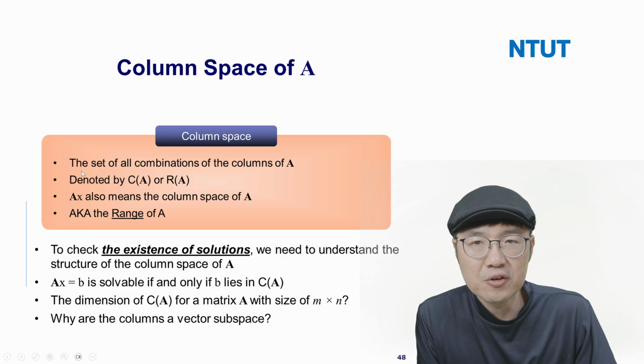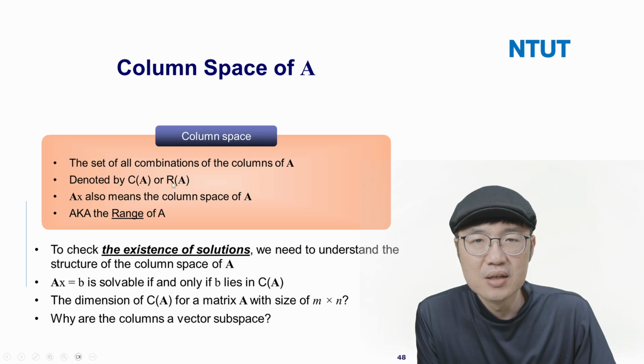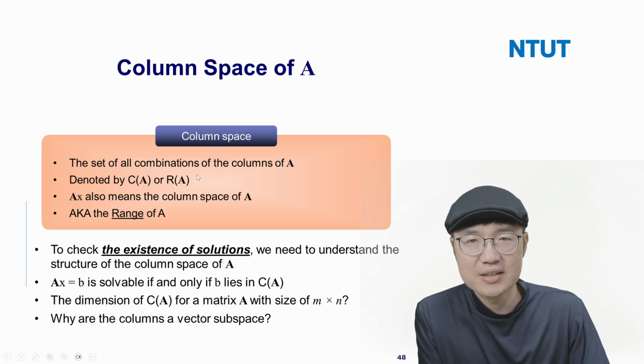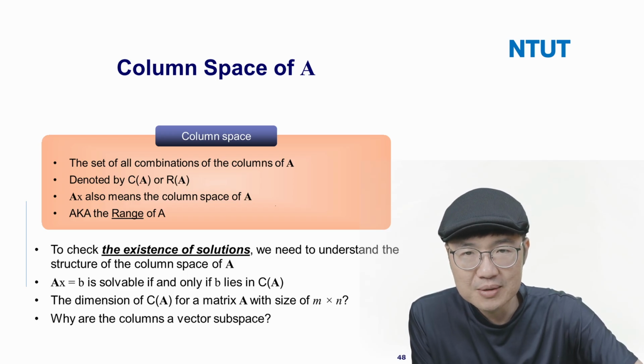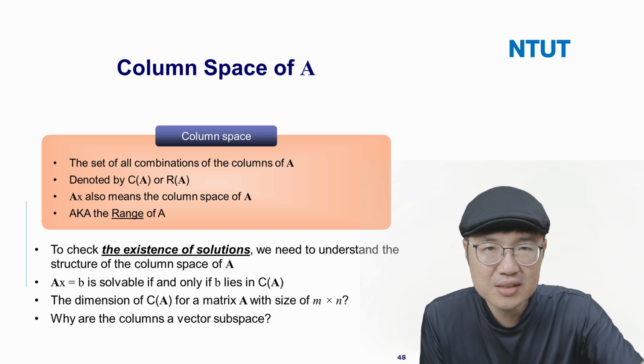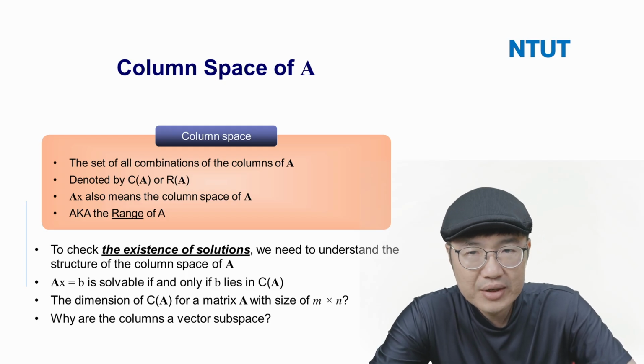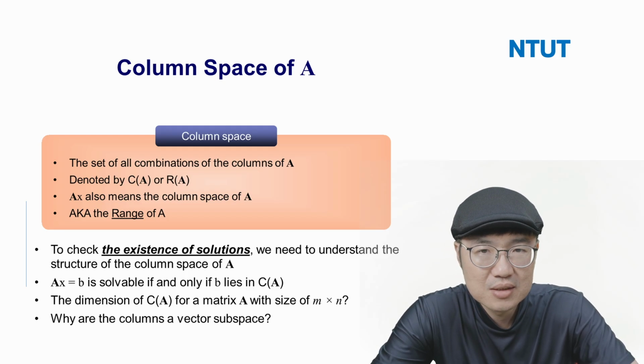The definition of column space is the set of all the linear combinations of the columns in A. We call this C(A) or R(A). It's weird because I just told you there are four subspaces called column space, row space, null space, and left null space.